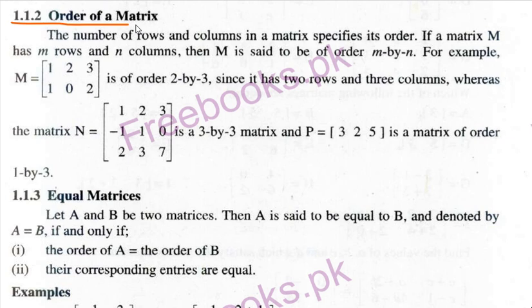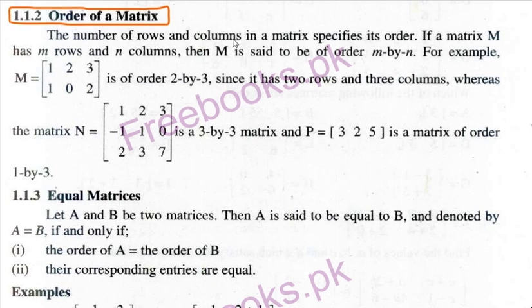Now, order of a matrix. What is the order of a matrix? How can we find the order of any matrix? There are 2 things you must remember when you find the order of a matrix: how many rows a matrix has and how many columns a matrix has. Let's move towards the definition.